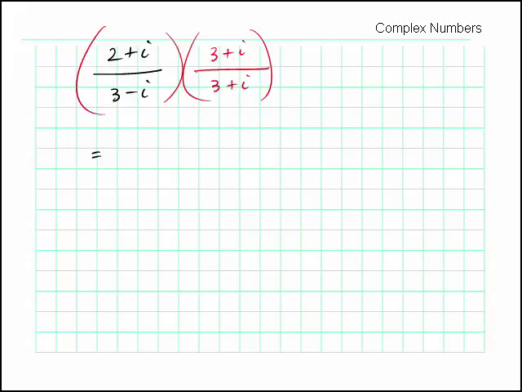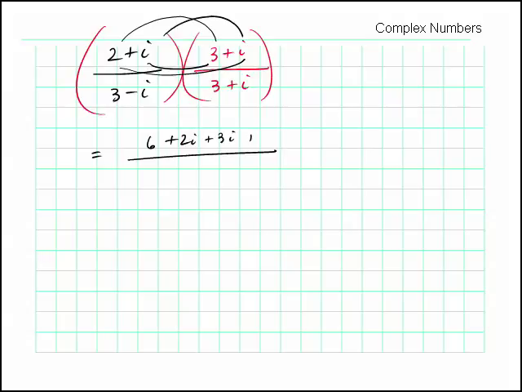Multiplying by the conjugate, I've got to FOIL all this out. Let's see what we have in the numerator here. 2 times 3 is 6, plus 2i, plus 3i, plus i squared. In the denominator, difference of squares pattern. 3 times 3, 9, and negative i times positive i, minus i squared.